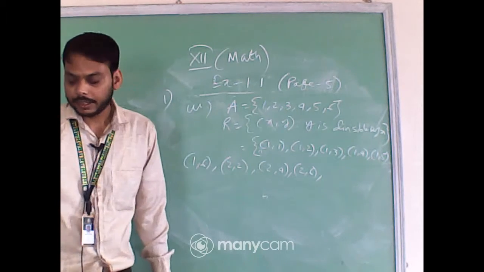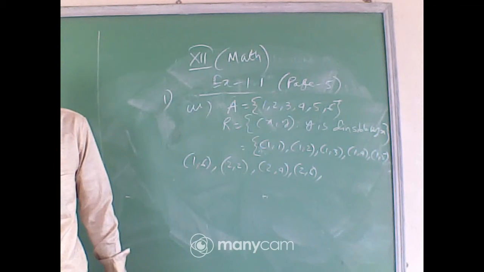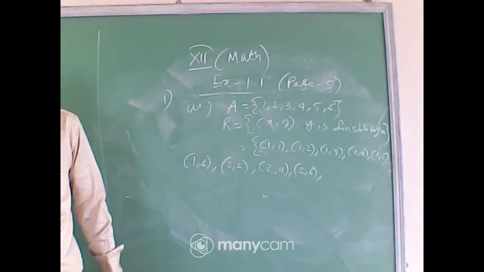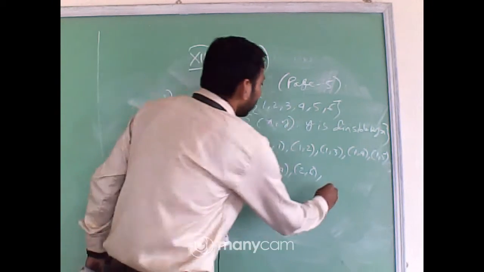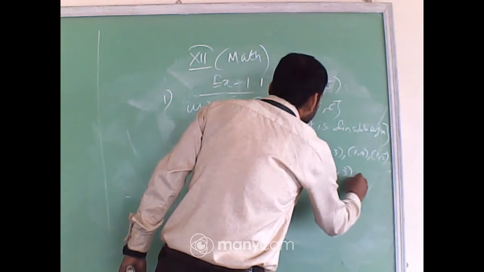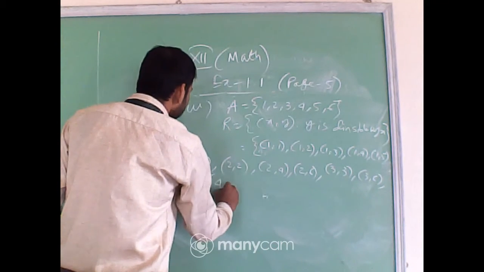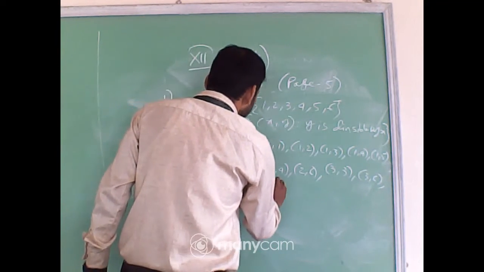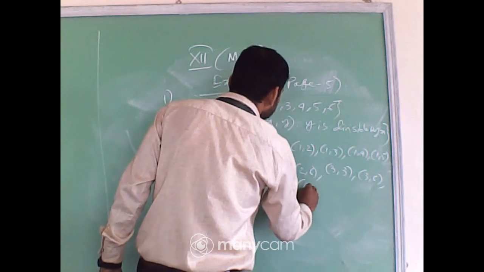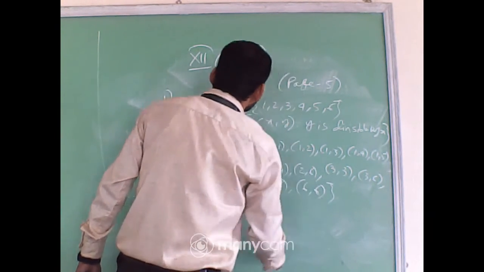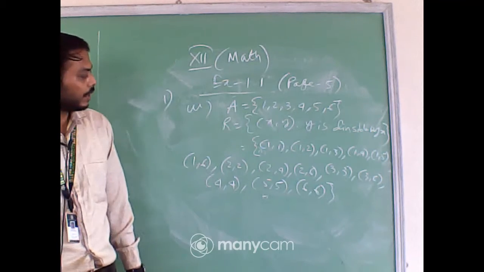Then starting with 3, that will be 3, 3 and 3, 6. Starting with 4, that is 4, 4. Starting with 5, 5, 5. Starting with 6, that is 6, 6. These are the elements contained in R.